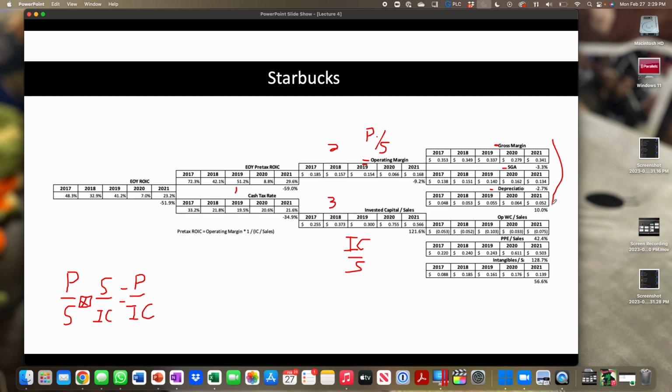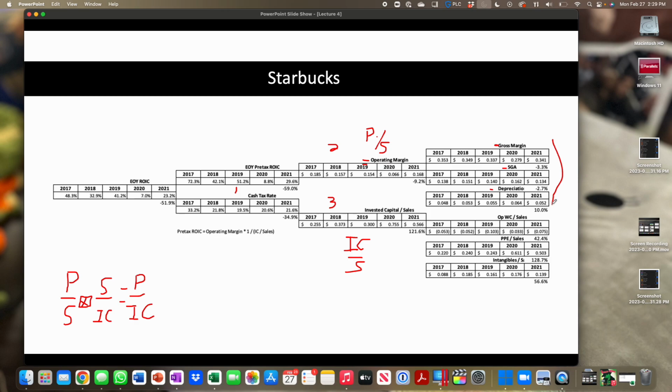So I got about 1.6 cents of worsening from gross margin and depreciation. SG&A went from 13.8 to 13.4. That helped, so that offset some of it. So really, the SG&A kind of canceled the depreciation impact, and it was really the drop in the gross margin from 35.3 to 34.1, which is the primary reason why the operating margin fell.